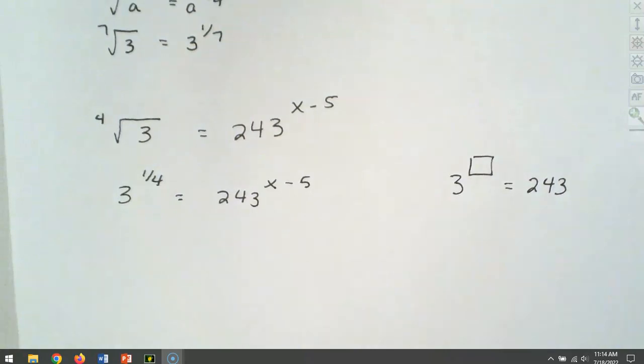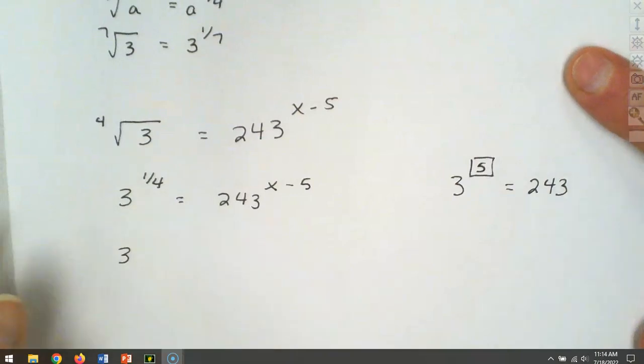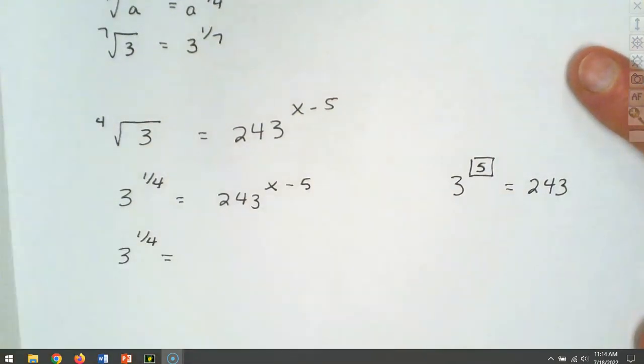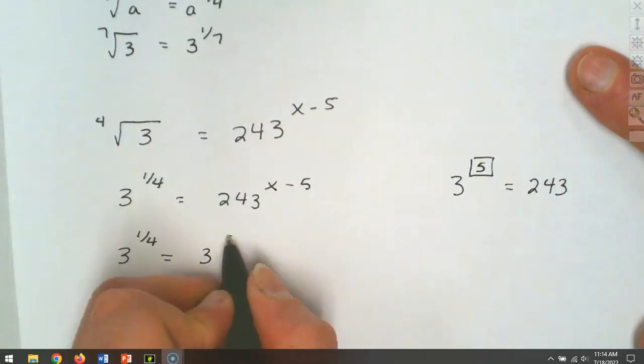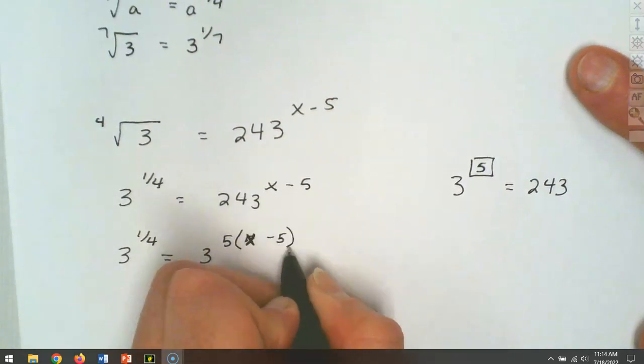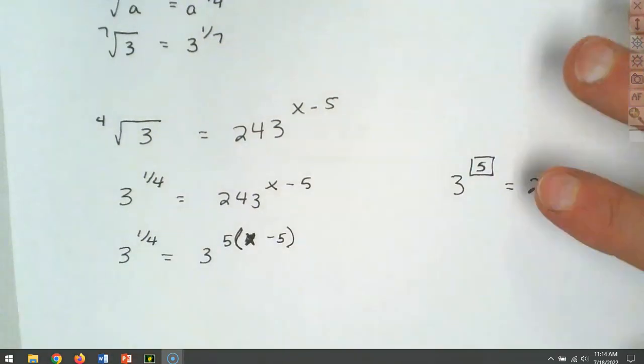Okay, so 5 is going to go in the box here. So then that's 3 to the 1/4 power, because we rewrote that with the fractional power. And that equals now 3 to the 5, now use parentheses, to the x minus 5 power. So that 5 has to go in front of whatever's already there.